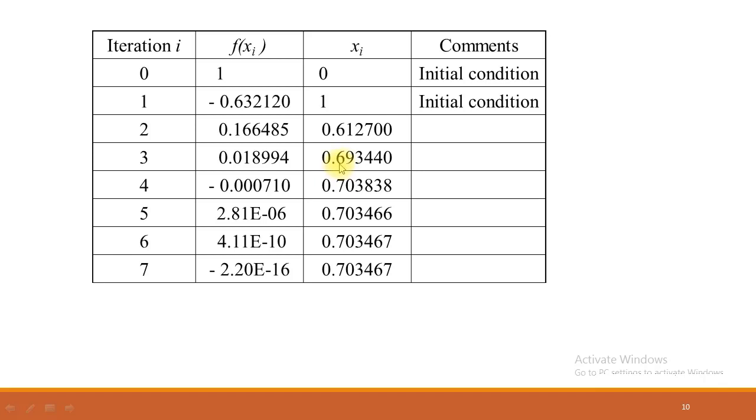To find the third root from x0, x1, x2, this is the x3 root, 0.693440, and the other root x4 is 0.703838, and the fifth root is 0.703466.